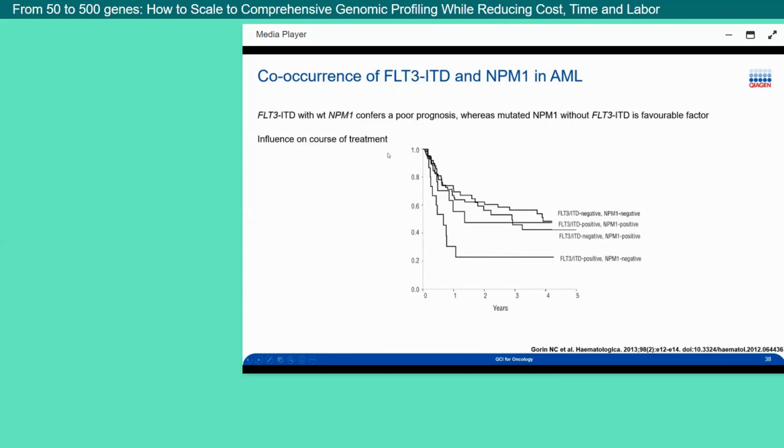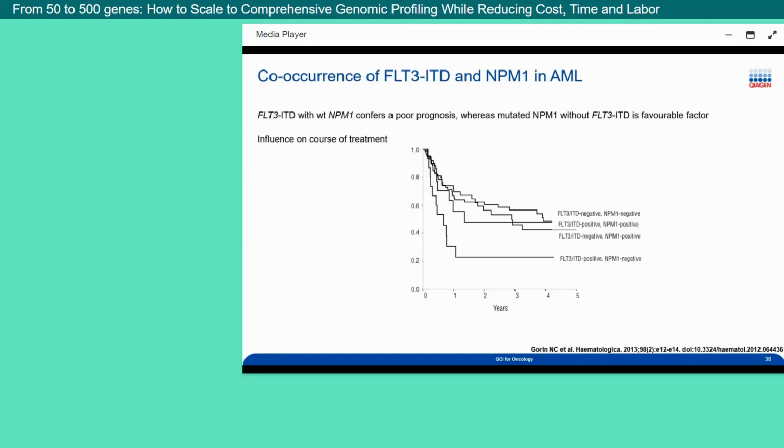The example that I picked here to highlight the complexity is the interaction between FLT3-ITD and NPM1. The prognostic effects of FLT3-ITD and NPM1 mutations in AML are well established.